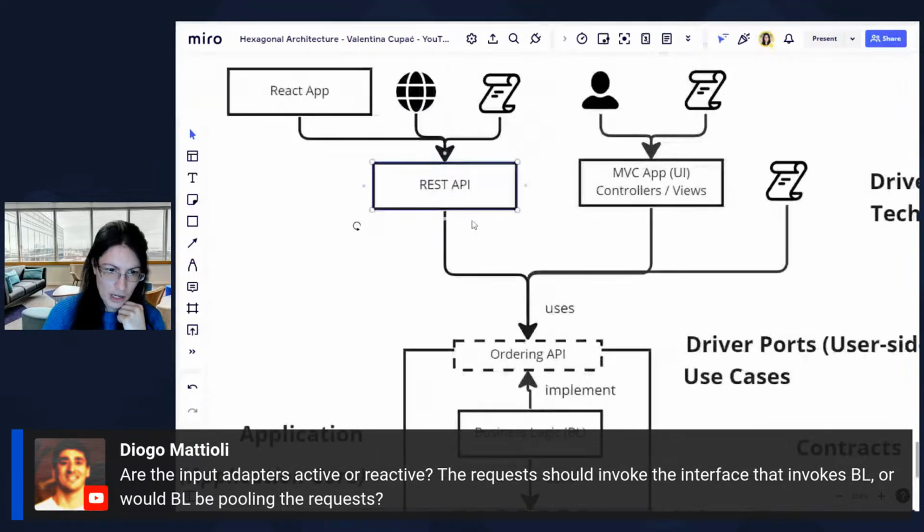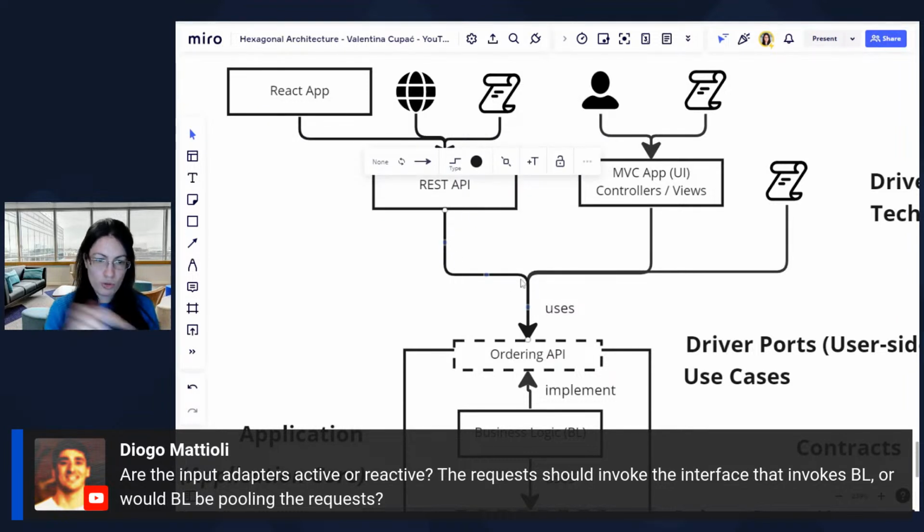So when we have our REST API controllers or the MVC controllers, we can, via dependency injection, inject the actual implementation of the ordering API. So the actual code is calling the ordering API. It's saying ordering API dot create order, ordering API dot cancel orders.